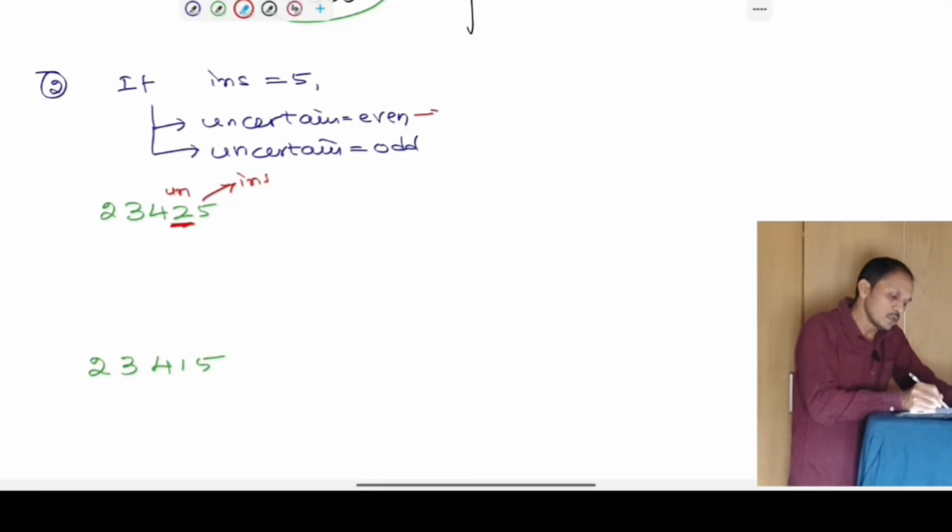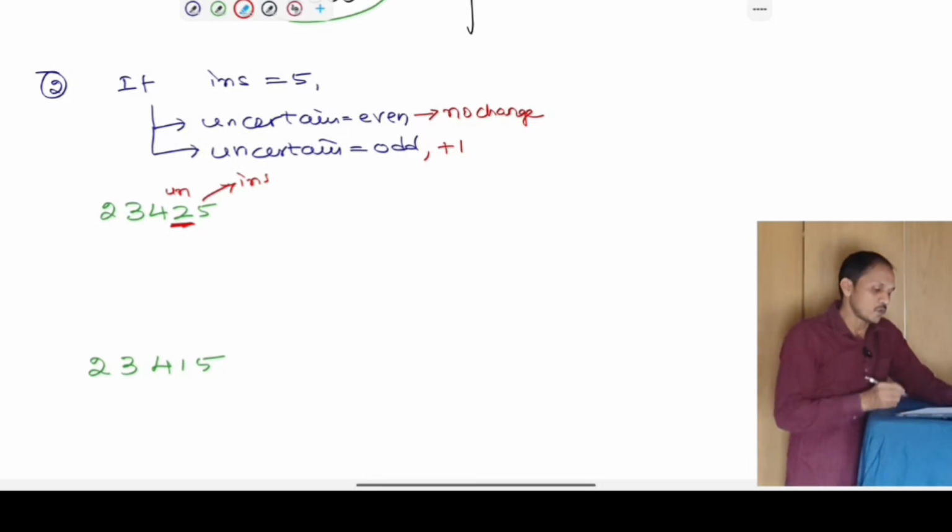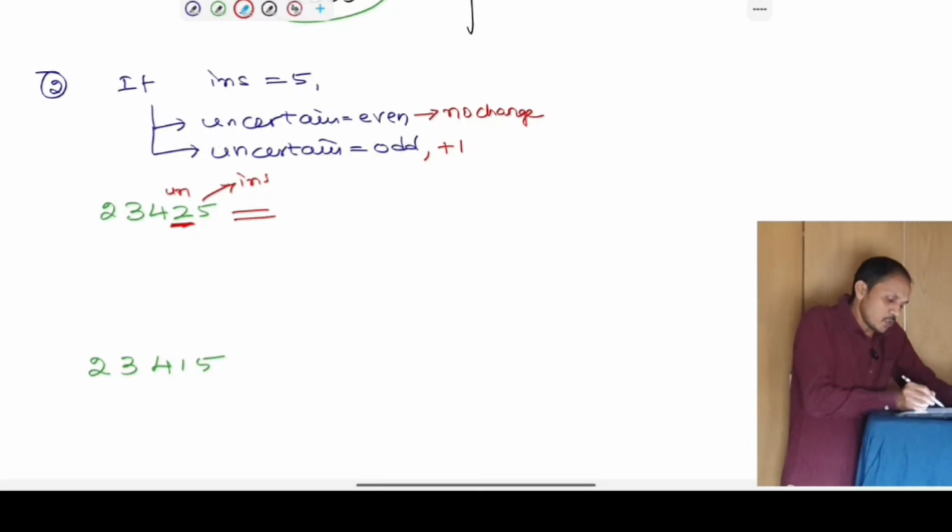Now if it is even, no change. If it is odd, add 1. So in the first value, 2 is uncertain and an even number. So after rounding off, it will become 2342. 2 did not change, 5 is the extra digit removed.